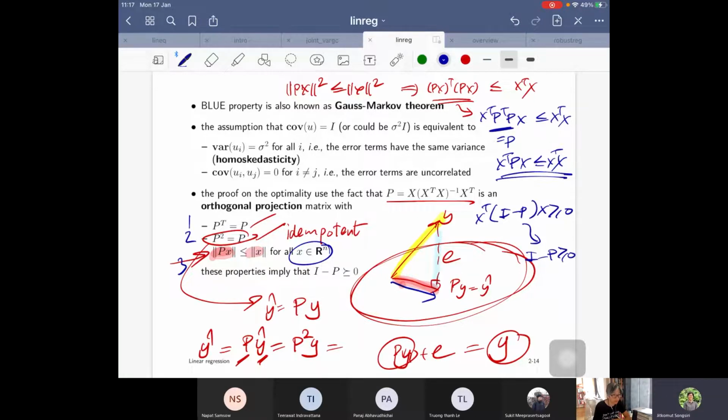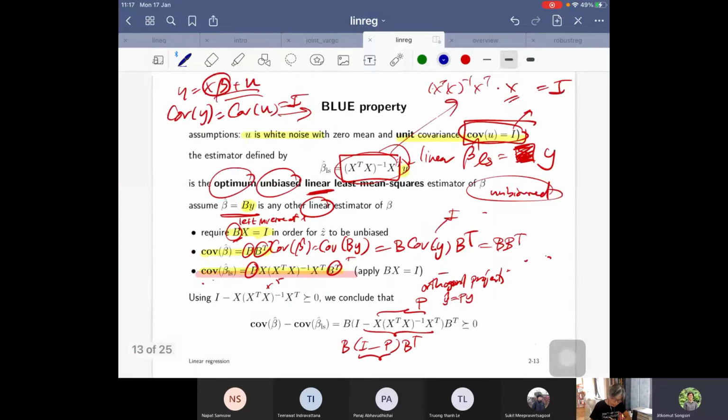So this is a basic property of any orthogonal projection matrix, which means when we come back to this slide, this guy is always positive semi-definite. If you pre and post multiply by B and B transpose, the result is also positive semi-definite.